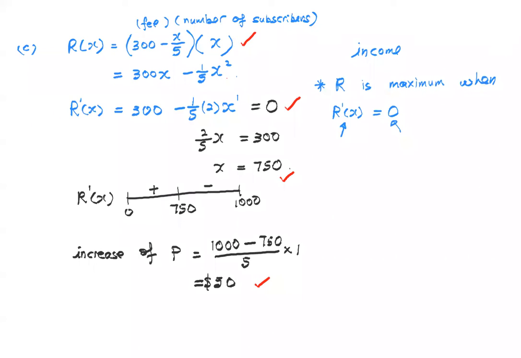Can you explain why we divide by 5 again? Because every 5 drop, you increase by 1. That is what the question says right from the very beginning. You see or not? It is believed that for every increase of 1, 5 subscribers will discontinue the service. So that is a statement that you translate into that.